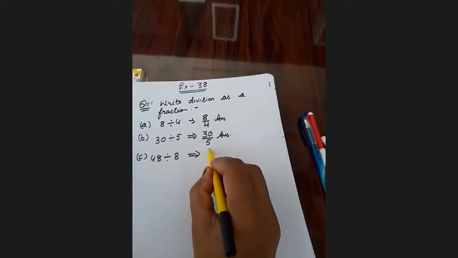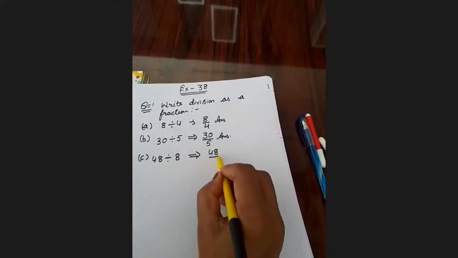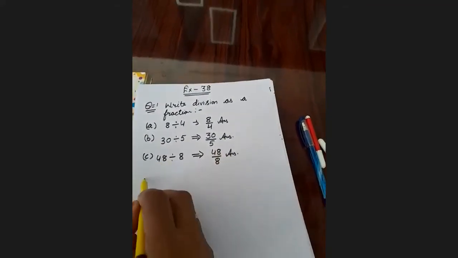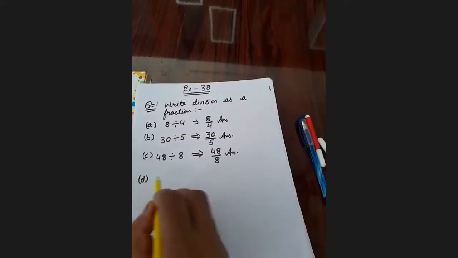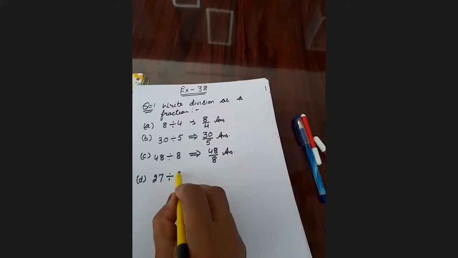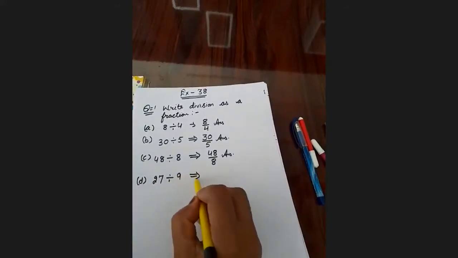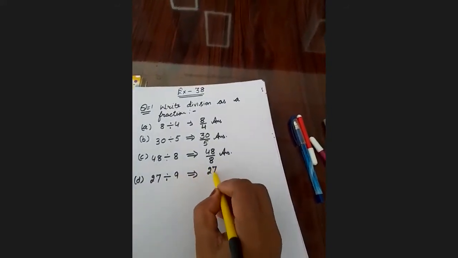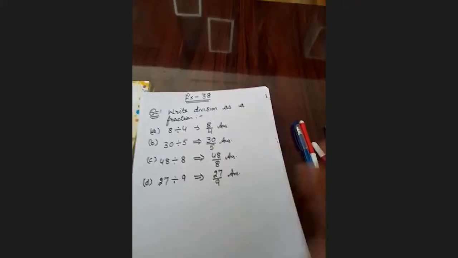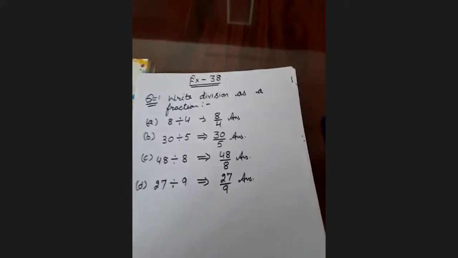So the fraction number is 48 upon 8. D is 27 divided by 9. Now the number is 27 upon 9. Clear, students?